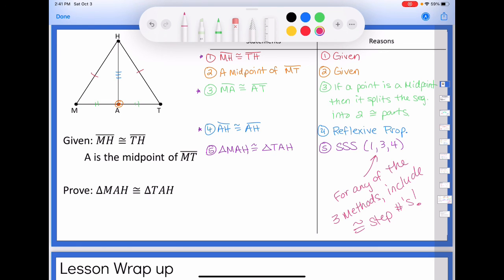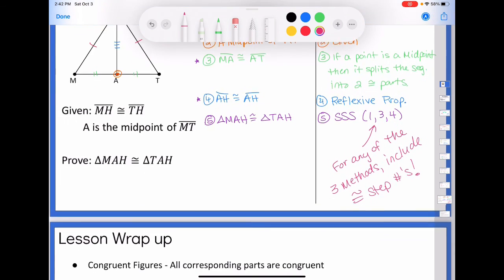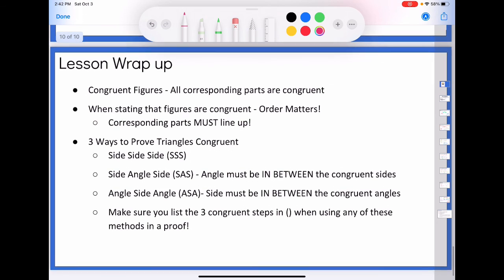So side, side, side, I have 3 pairs of congruent segments. Those are the ones that go in the parentheses. If I had side, angle, side, 2 of those steps would be congruent segments, 1 step would be congruent angles. If I had angle, side, angle, I would have 2 steps that were congruent angles and 1 step of congruent sides. So we always need to have those congruent step numbers in the parentheses after we use those letters. All right, I think that's a pretty good introduction here.